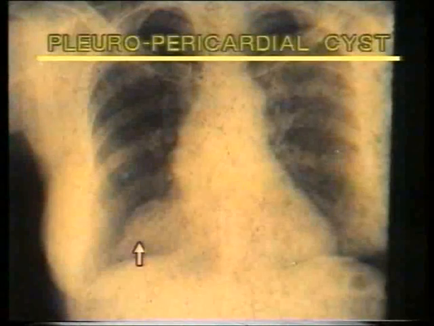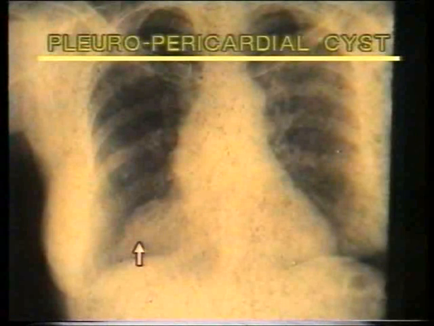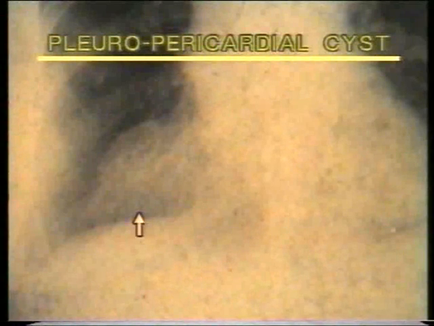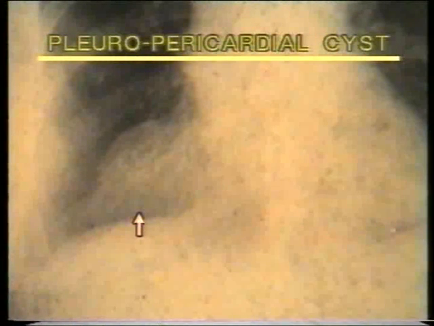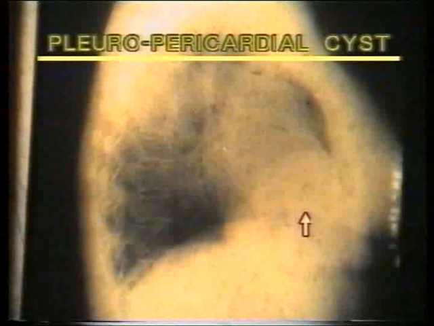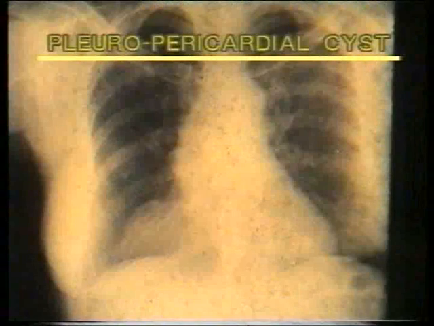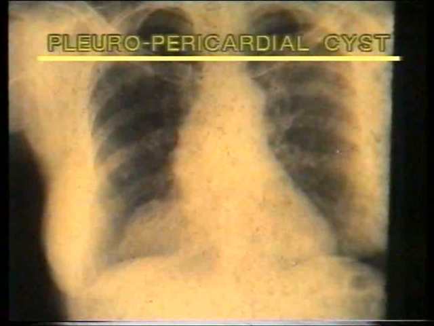Now note this rounded opacity at the cardiophrenic angle on the right side. It is occupying the cardiophrenic angle and growing laterally. This is a pleuropericardial cyst. On lateral X-ray, it is seen to be anterior. This is the typical site and appearance of a pleuropericardial cyst. Note again the rounded opacity occupying the right cardiophrenic angle.